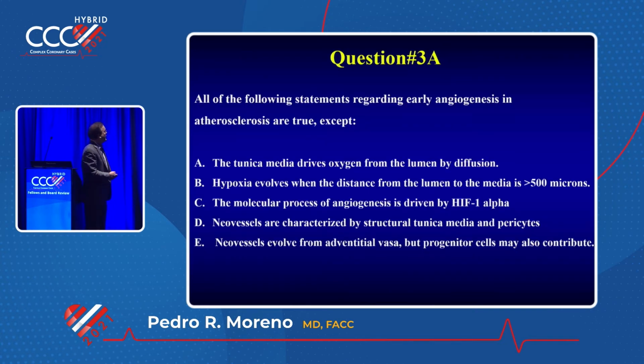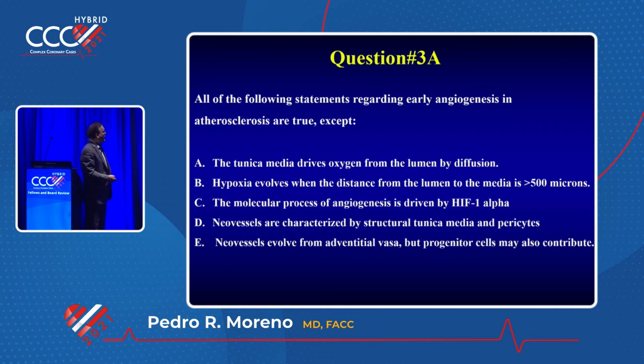Question here. All of the following statements regarding early angiogenesis in atherosclerosis are true, except, which is the wrong answer here. The tunica media derives oxygen from the lumen by diffusion. Hypoxia evolves when the distance between the lumen and the tunica media is greater than 0.5 millimeters.